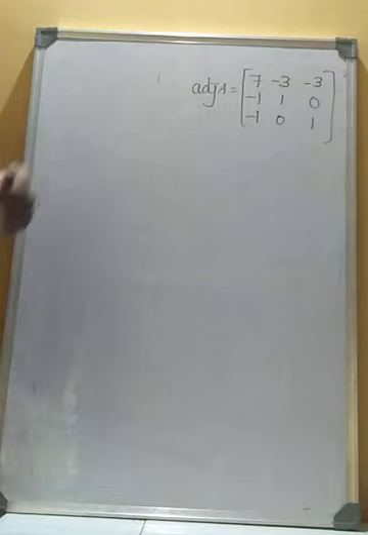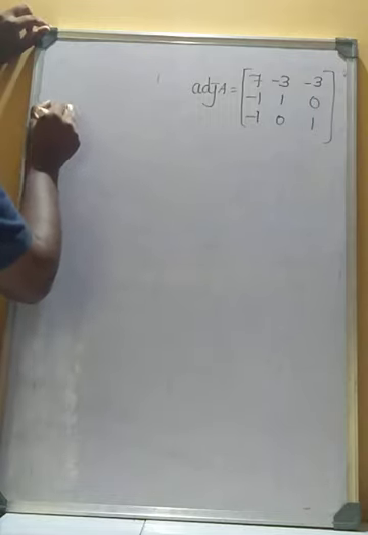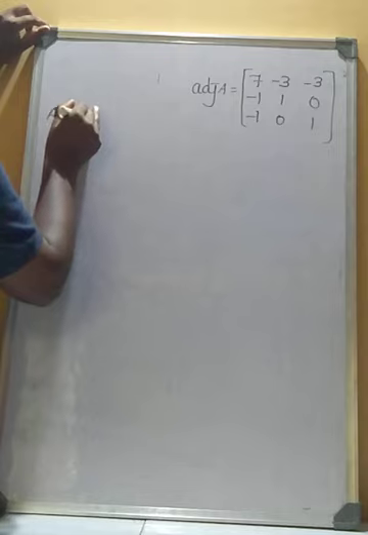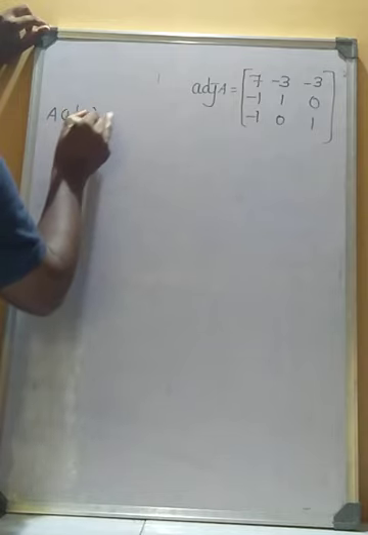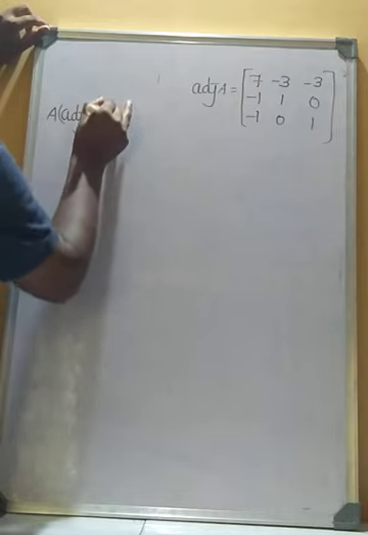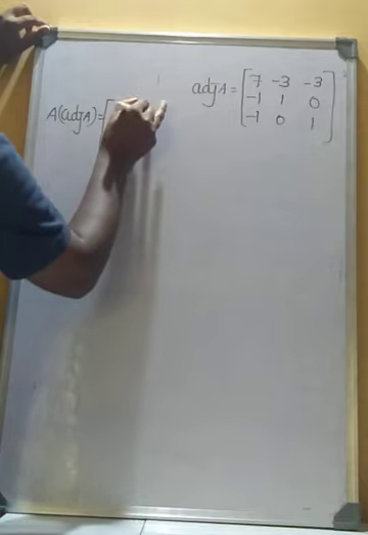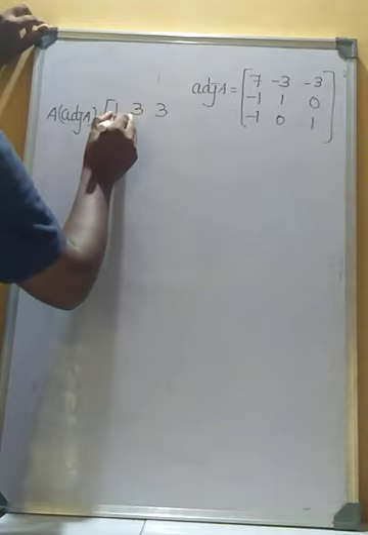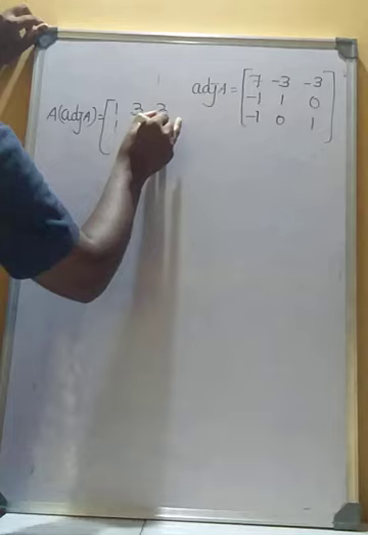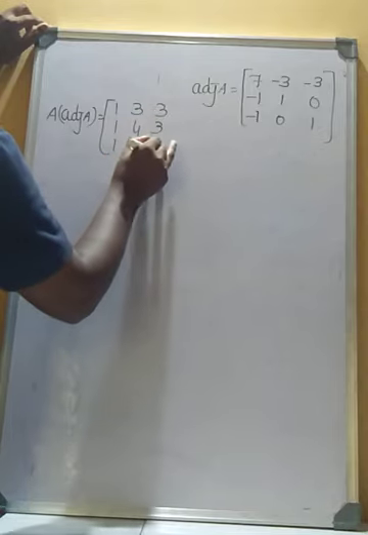A into adjoint A. A elements 1, 3, 3, 1, 4, 3, 1, 3, 4.